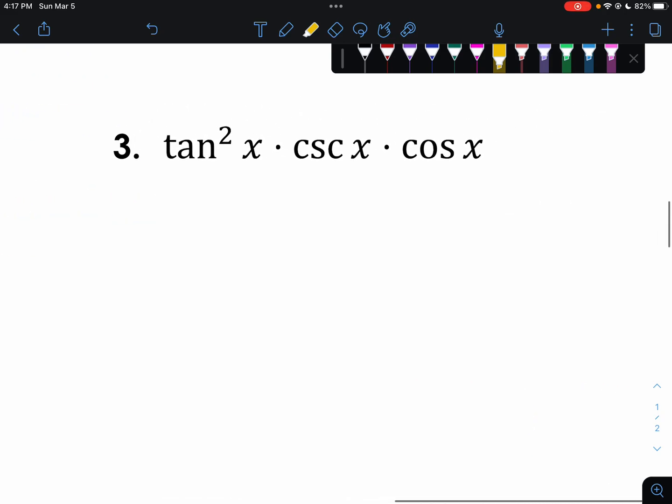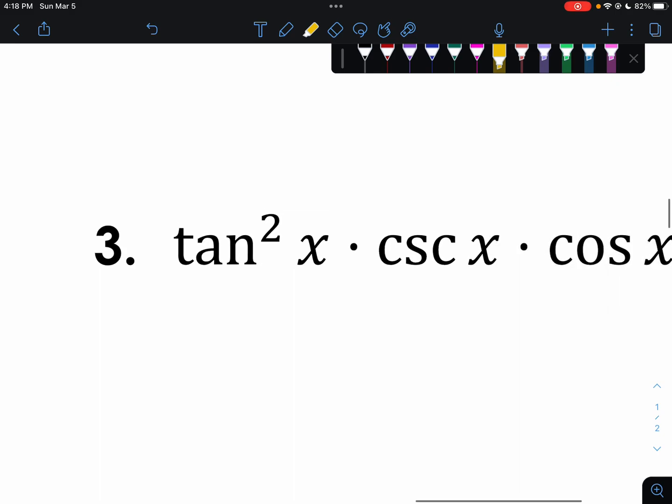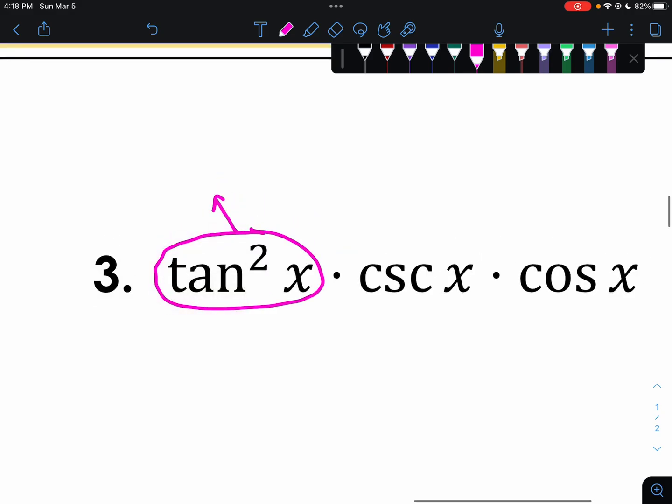Looking at the next one, we have tangent x squared times secant x times cosine x. So before we start breaking this down, a couple of things I want to talk about. This right here can be rewritten as tangent x and then squared. Notice the parentheses.